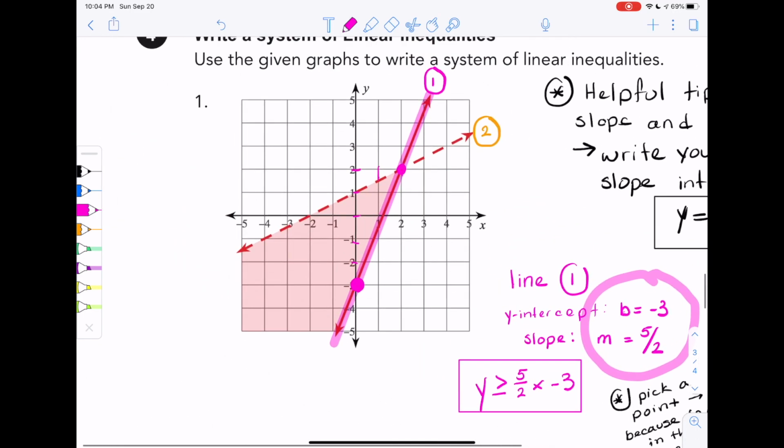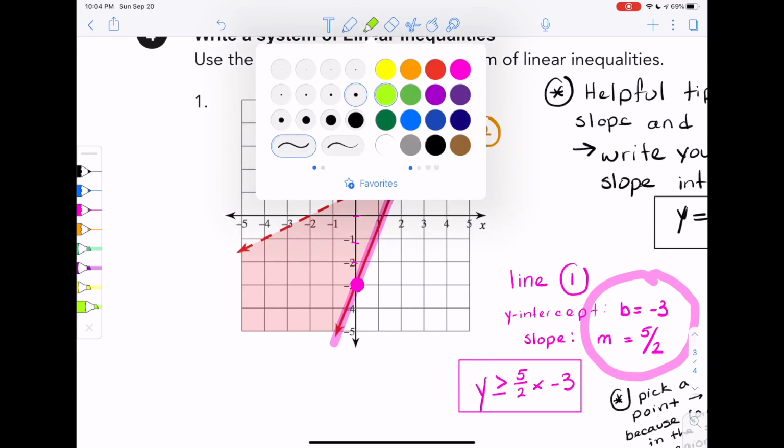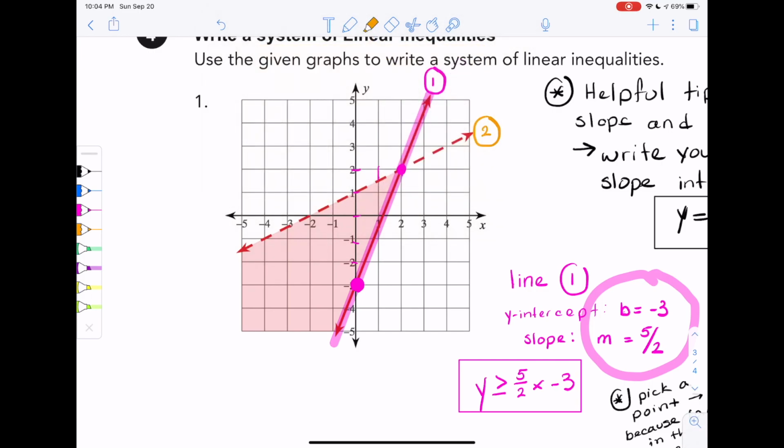Okay, next let's look at line number 2. So line 2 is this dashed line here. I'm going to indicate that the slope is right here at positive 1. I'm sorry, the y-intercept is right here at positive 1.